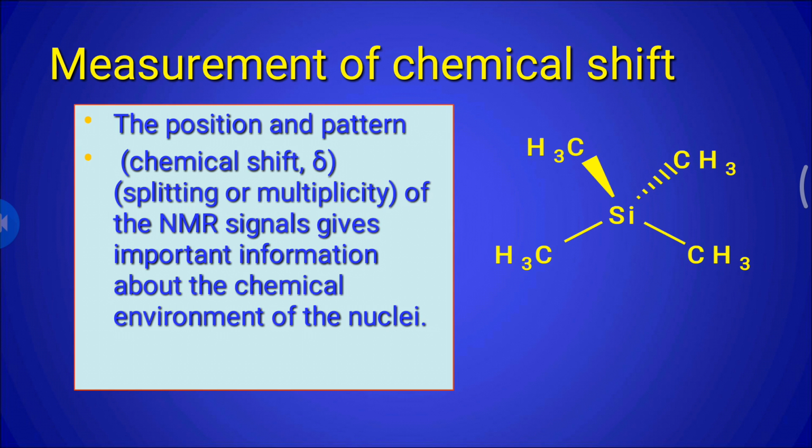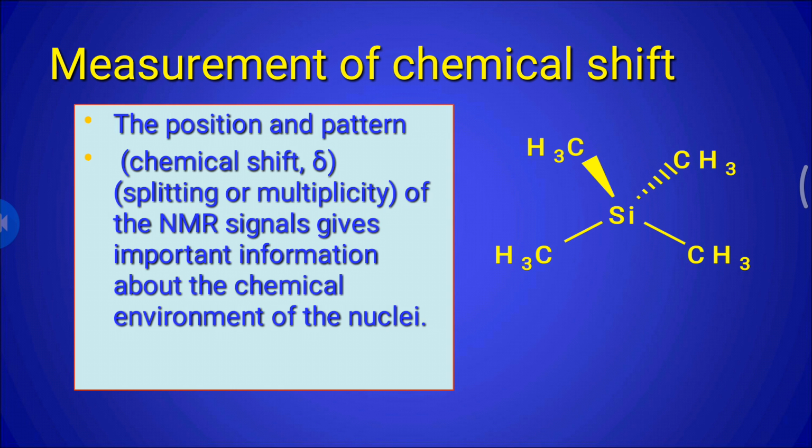So next, measurement of chemical shift. In this, position and pattern. Position means chemical shift, delta value, and pattern is the splitting or multiplicity.